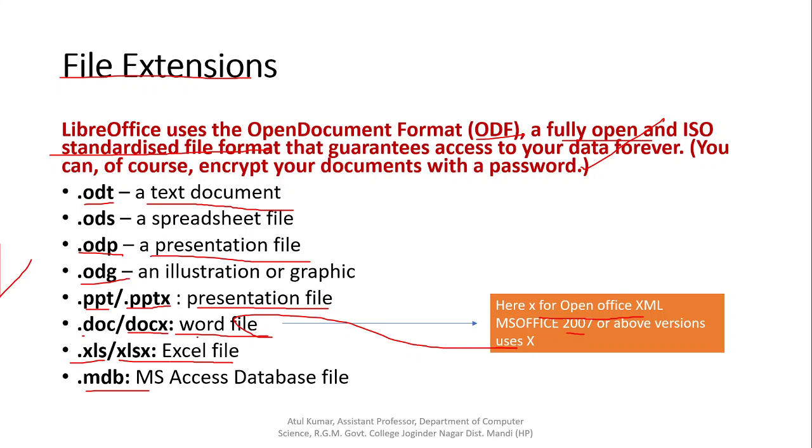So if you save a Word file, Excel file, or presentation file in MS Office of 2007 or above, it is by default saved as, for example, a .pptx extension. But if you have Microsoft Office software of version 2003, then X is not included in the extension.